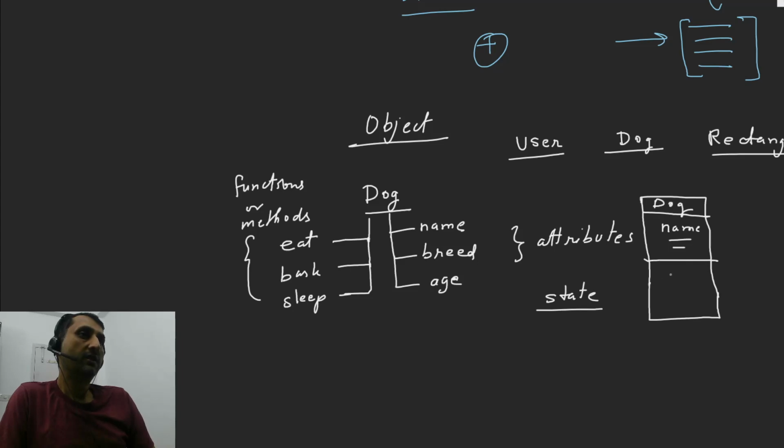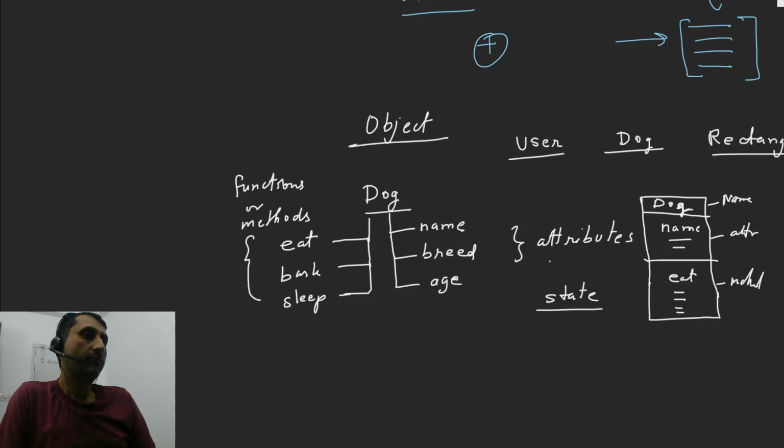Then we can have methods here, all these methods. So attributes, methods, and the name of the object. This name is different than the name attribute. This name is an attribute. This is an object classification name. So we'll come to the class also.